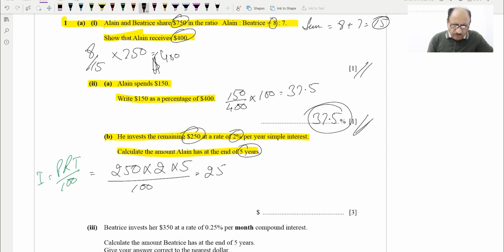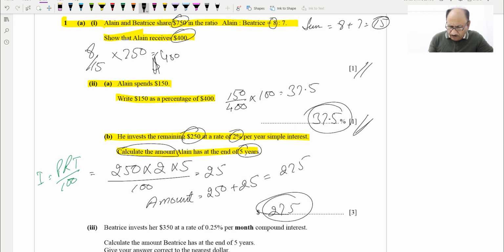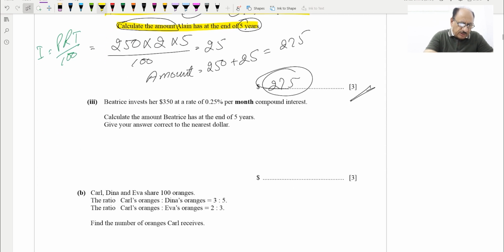But they are asking us to calculate the amount, and 25 is the interest. So the amount equals the principal amount, 250, plus the interest, which is 275. So 275 is the final answer for 3 marks. Hopefully you understood this as well.